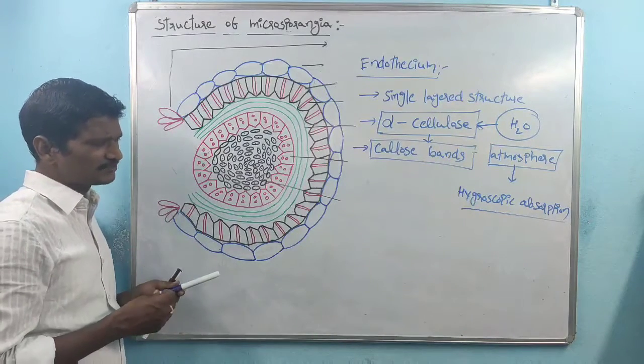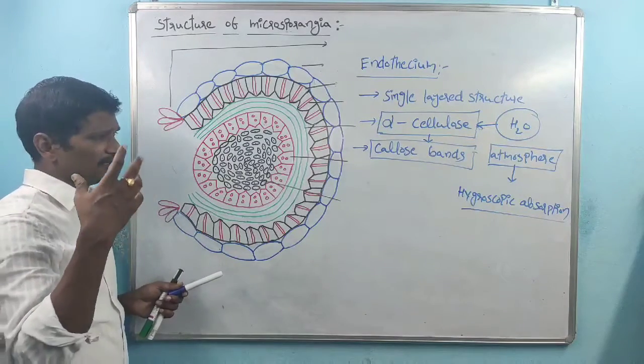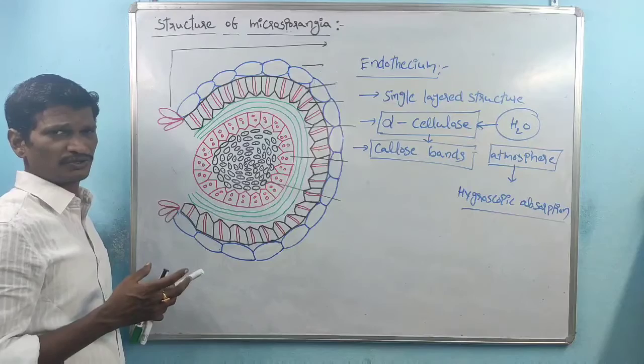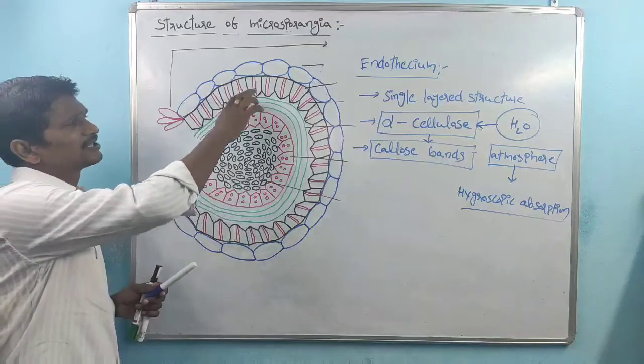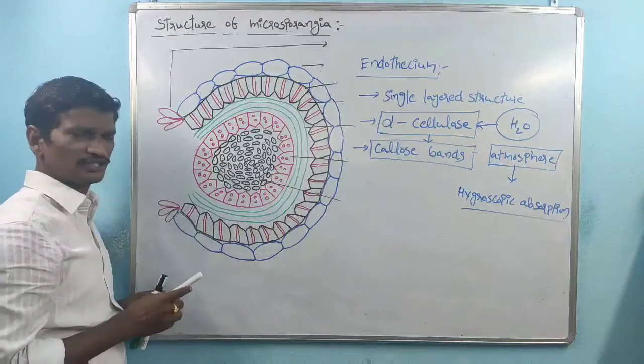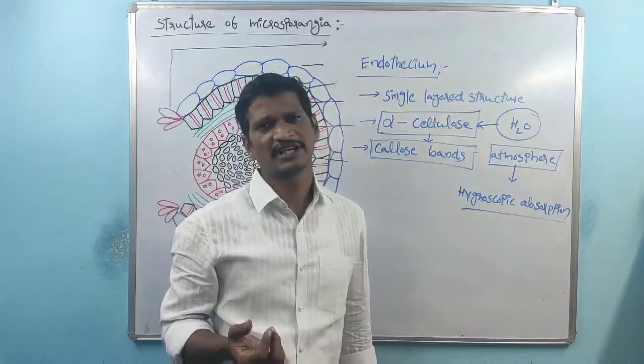Sir, if these cells absorb the water from the atmosphere, what happens? See, in the mature anther, the endothelium cells are dehydrated.